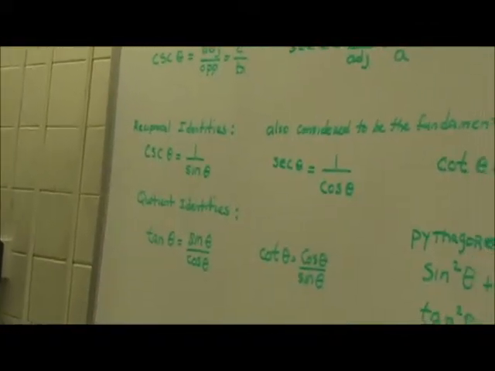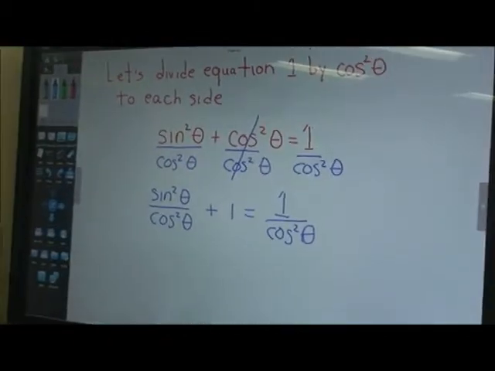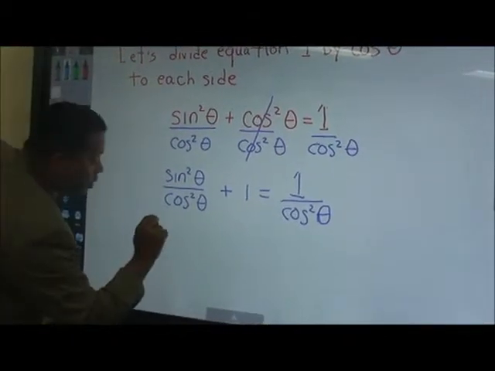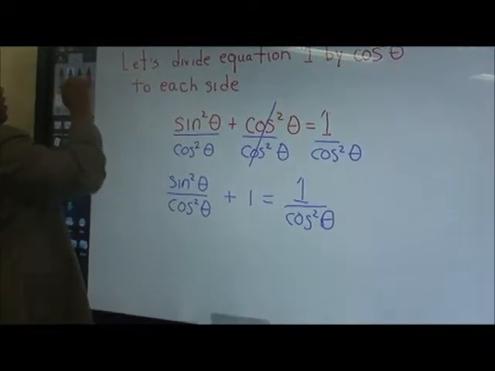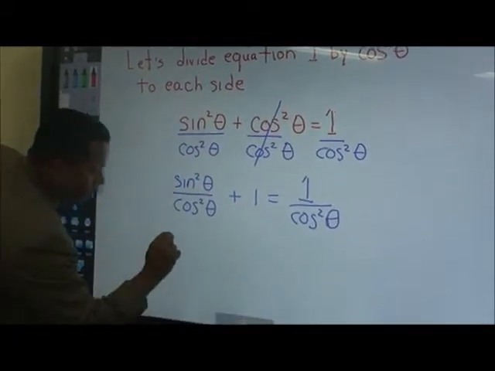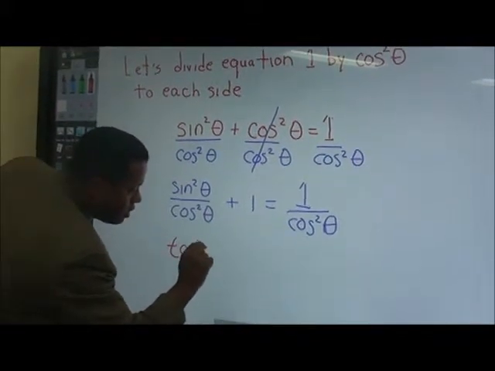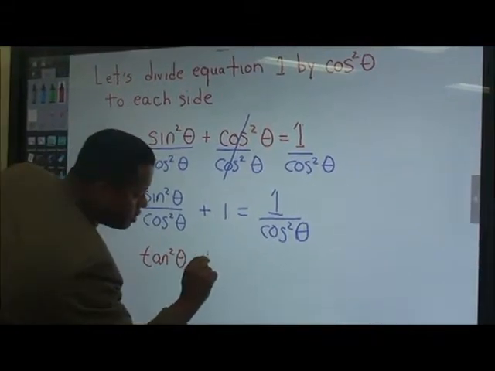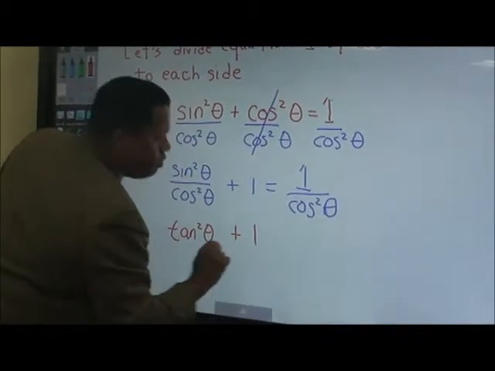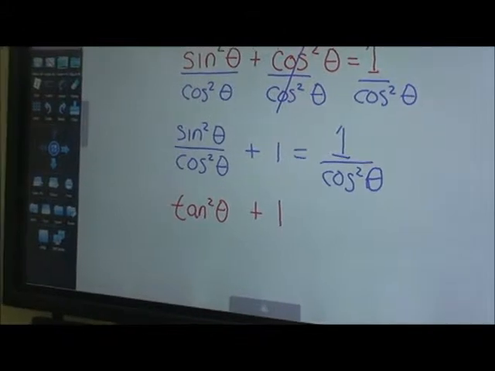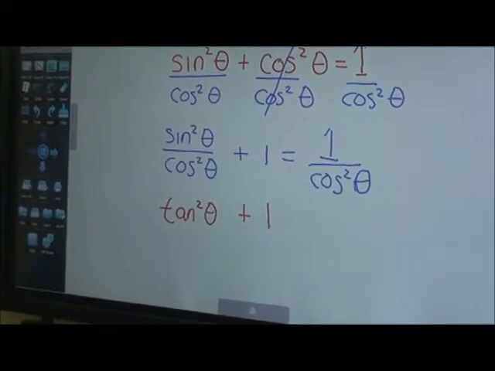Now, sine squared theta divided by cosine squared theta is equal to tan squared theta. You see this? So let's use another color here, back to our red. Tan squared theta plus 1. What will be the identity for 1 over cosine squared theta?